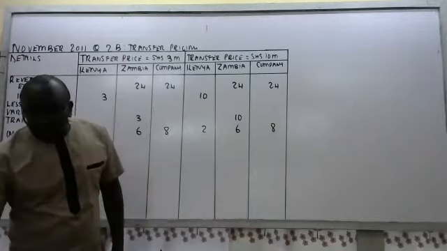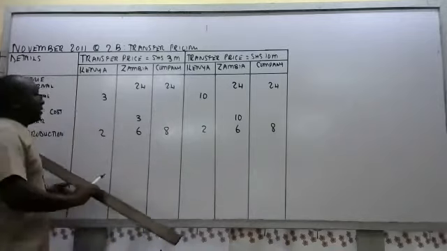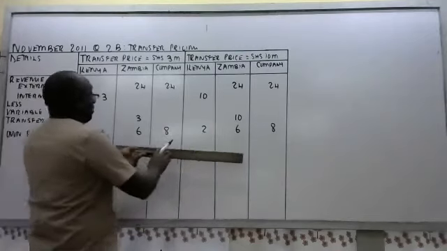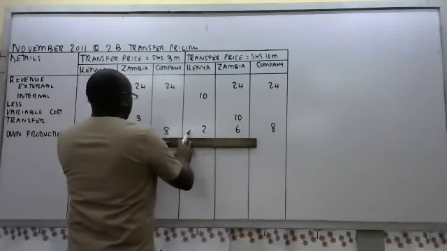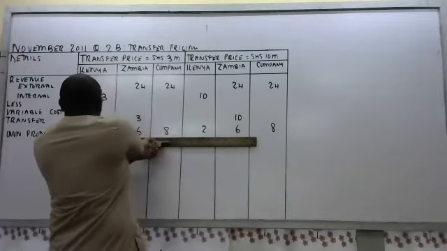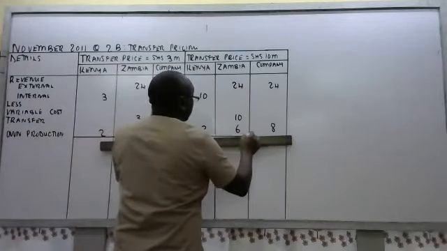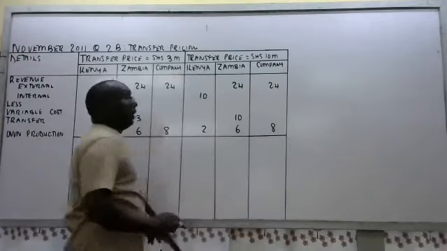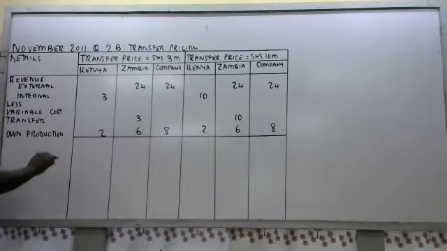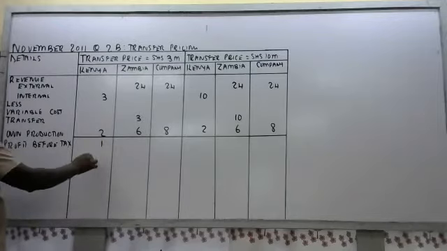So from there now, we get the profit. Let's call it profit before tax, because there is an issue of tax here. Profit before tax, this is 1.